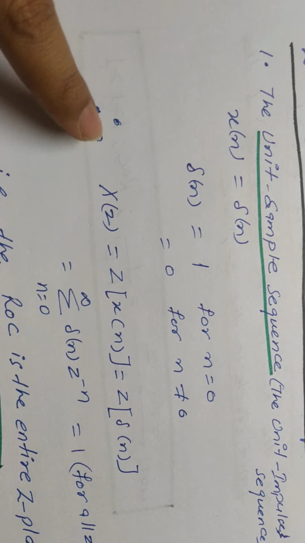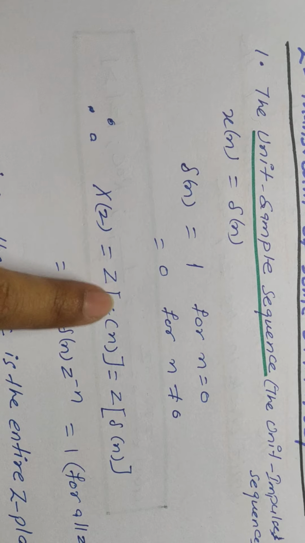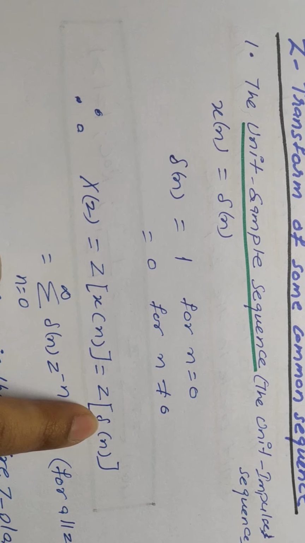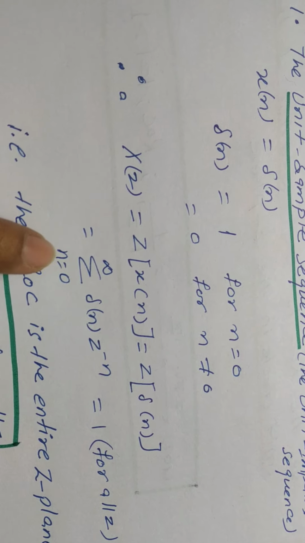Now, according to the definition of X of z, which is the z transform of x of n, what is the z transform of delta of n? Hence we take it as summation n equals 0 to infinity, because delta of n exists only at n equals 0.